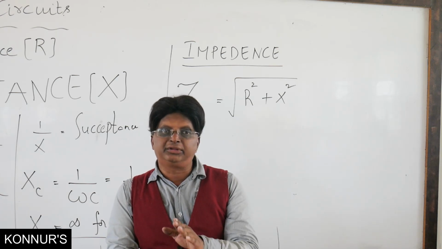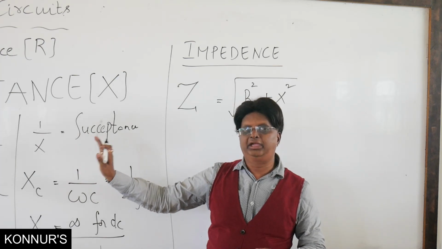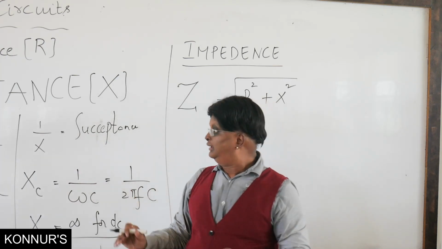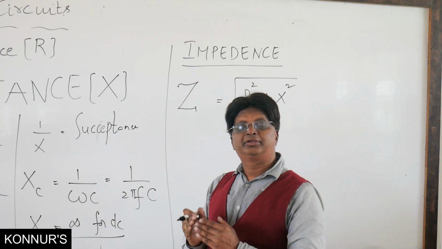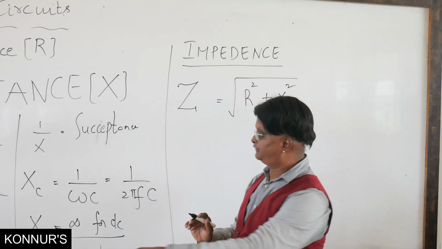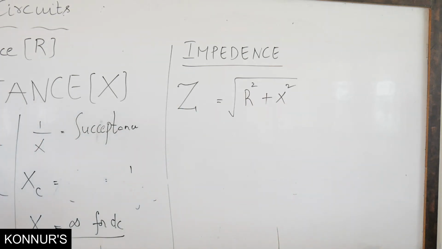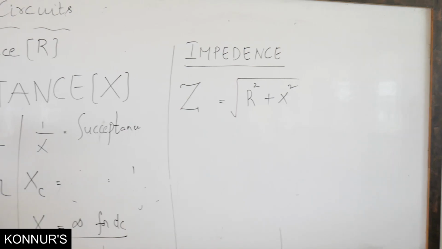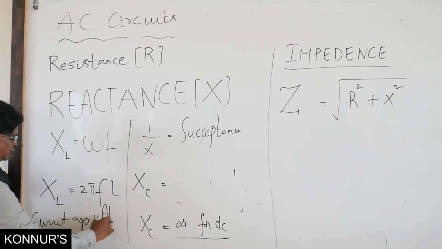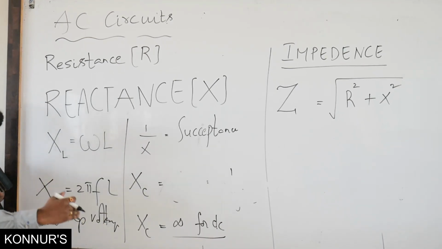Is that okay? What is our statement? Due to this behavior of XL, current lags behind voltage. So the consequence of XL is that current lags voltage, or the other way, voltage leads current.